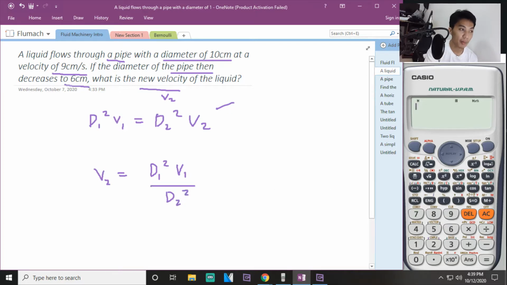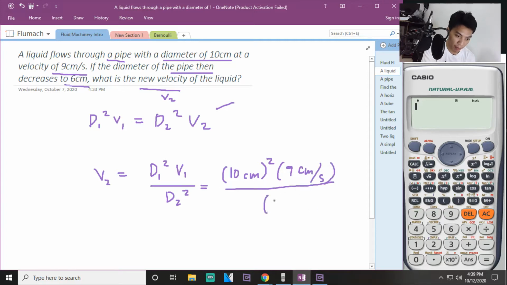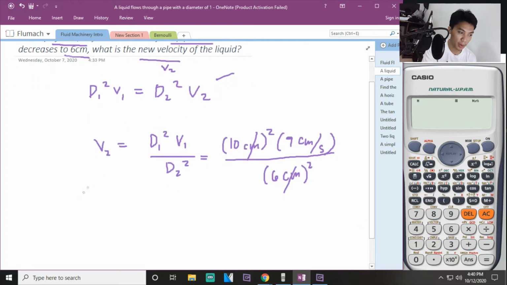Now, meron ba tayong mga given dyan? Yes. Meron din dito. So, D1 will be 10 cm. Square natin to. And then V1, that's 9 cm per second. Divided by 6 cm. Basic pa yan. Squared. So, cancel the same units. Ang lalabas, cm per second.